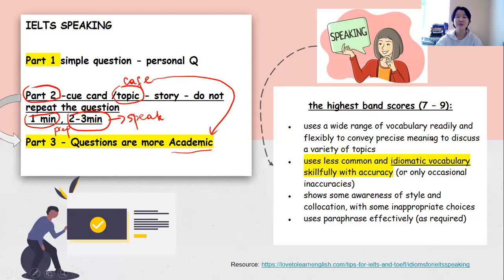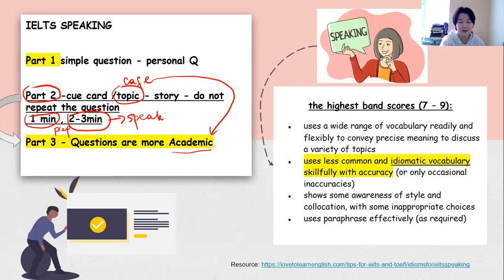By wide range, I mean idioms, collocations, phrasal verbs. You should mix up your vocabulary with these language elements. Again, there will be a separate lesson about speaking parts, strategy, how to answer a certain type of question. So don't worry, it's just a general overview.